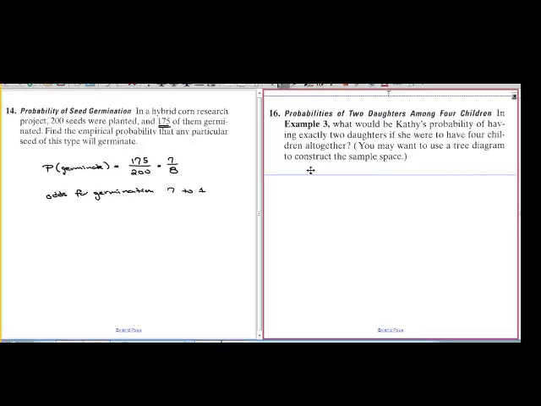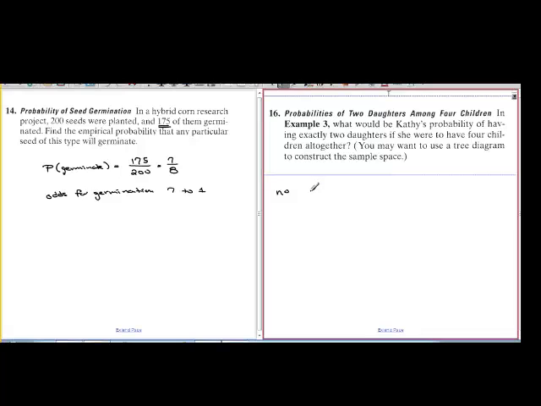So we could use a tree diagram just like we did for flipping coins, or we could use the combinations we learned recently, because it is like flipping a coin. Obviously getting pregnant is not like flipping a coin, but it could be, maybe. I'm going to use the combinations instead of a tree diagram.